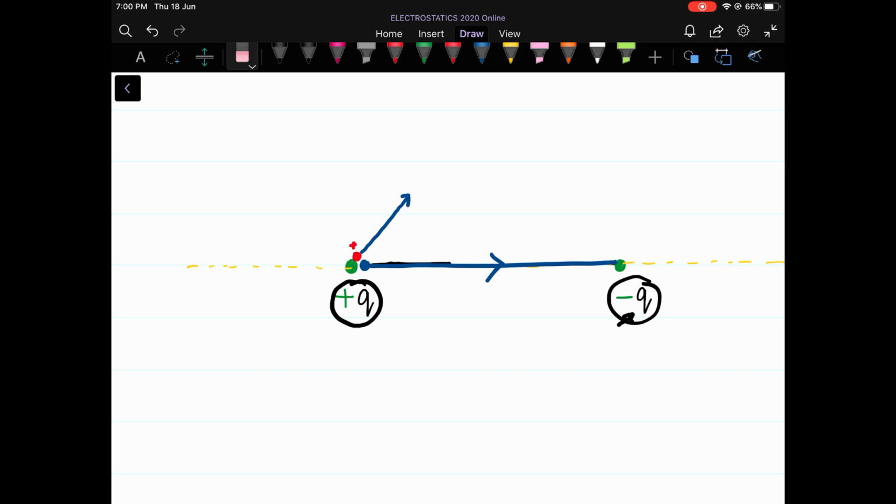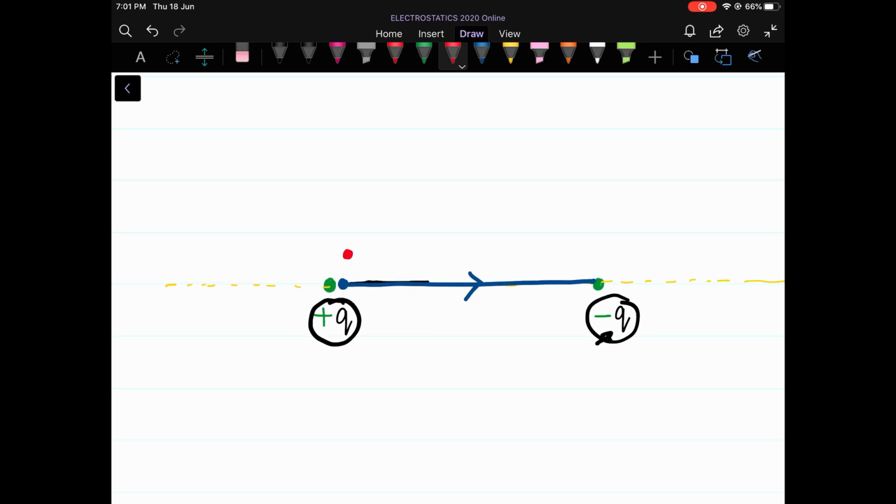So I can say now the path of this positive test charge, when it's kept here, will be somewhere along this direction. Let's say the test charge has reached somewhere here. Now you can see again the positive source charge will continue to apply a repulsive force to our positive test charge, and the attractive force applied by our negative source charge will start to become bigger and bigger, and it's going to be directed along this direction.